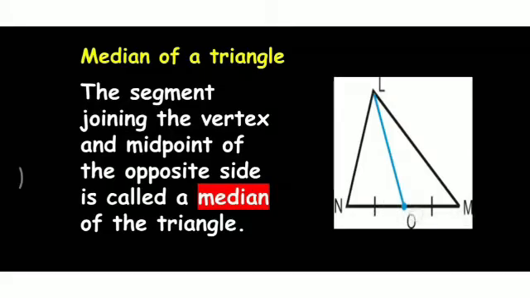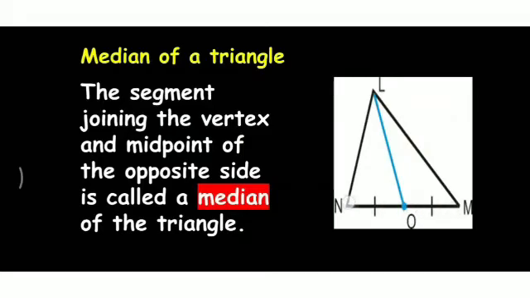So this is the midpoint of the side MN, because here you can see there is a sign which is showing that segment NO is equal to segment OM. So both the segments are equal, therefore point O is the midpoint of side MN.